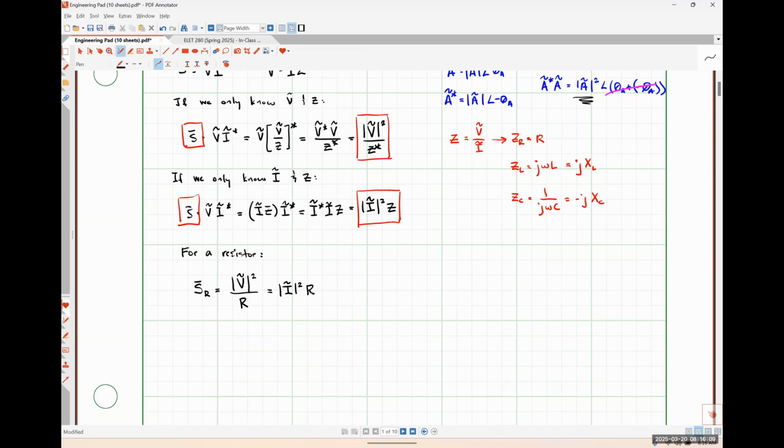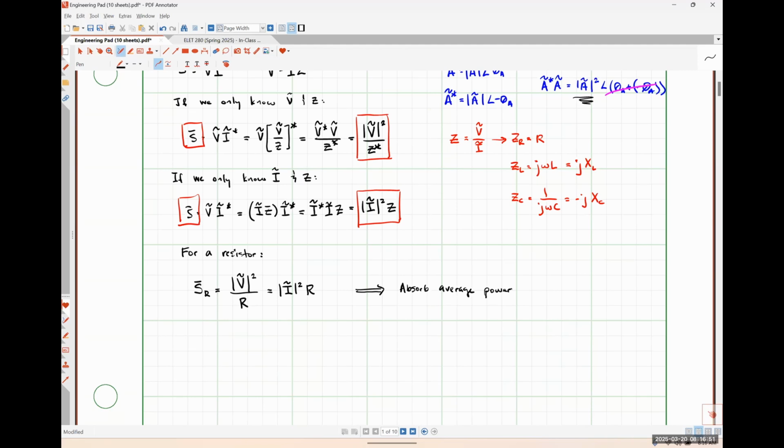So what can we say about this complex power? The magnitude of the voltage is a real number. It's not a complex number; there is no imaginary part. We square that, and the resistance is a real number. So we have a real number over a real number, so our complex power absorbed by a resistor is always purely real. So resistors' job in these circuits is to absorb real power, or what we would normally call average power.